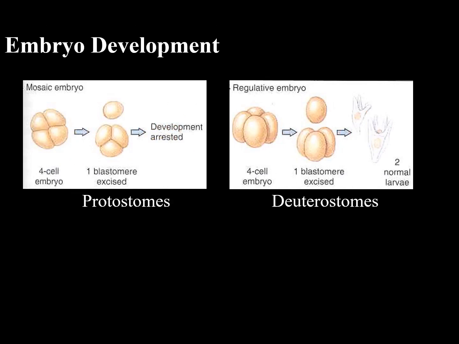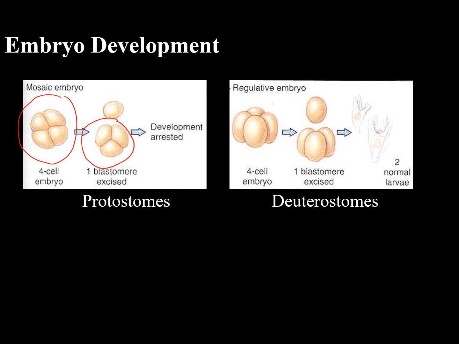Now, another difference between protostomes and deuterostomes has to do with the way that those cells in the very early stages map to the body of the adult animal at the end of development. So if you take a look at the protostome side here, we've got an embryo with 4 cells. If you go in a microscope and remove one of those cells, now we've only got 3 cells left.